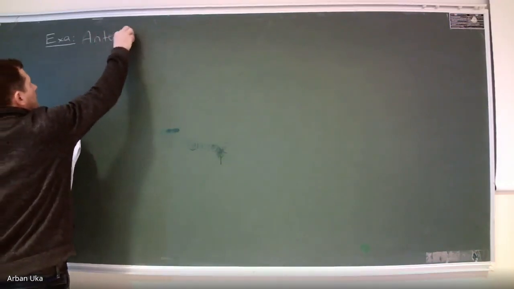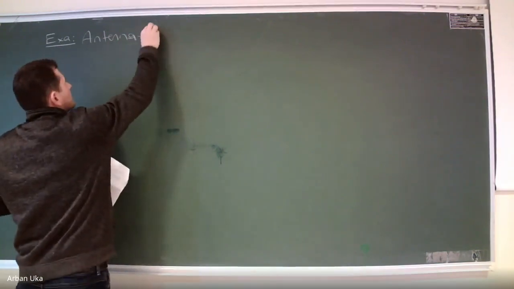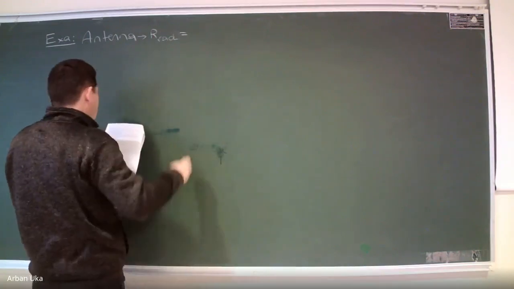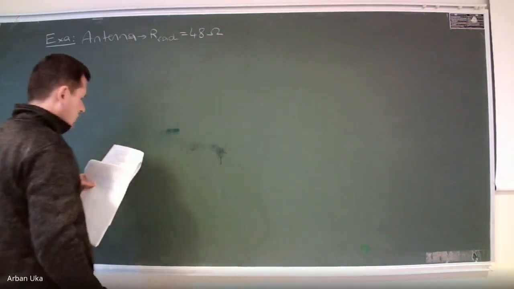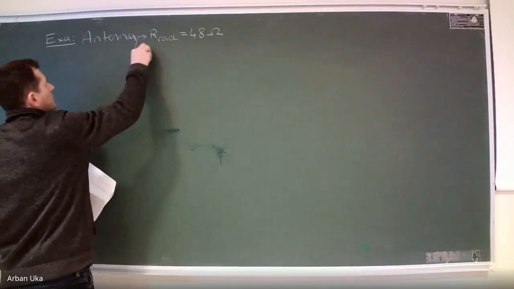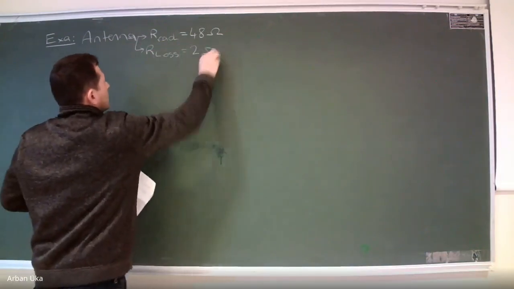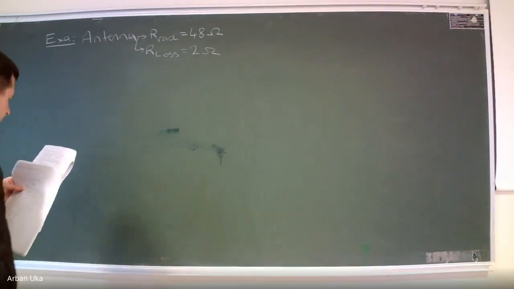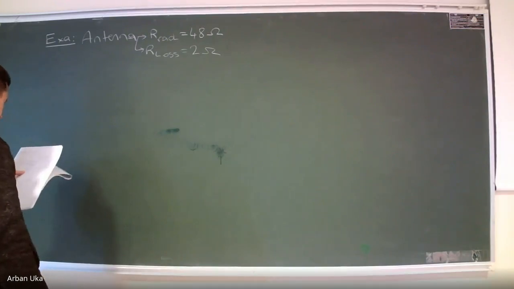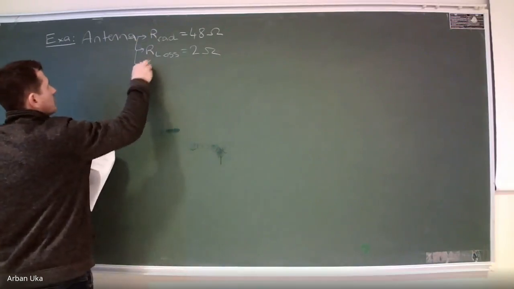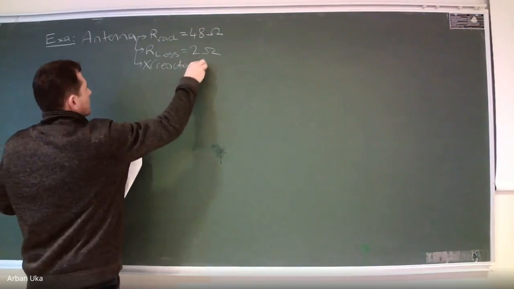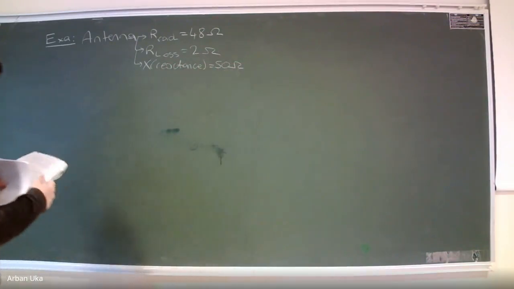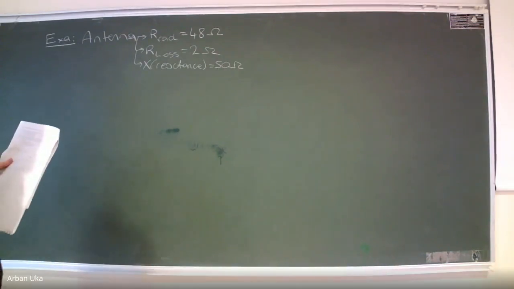Okay, let's start somewhere here. So let's assume that we have an antenna which has a radiation resistance equal to 48 ohms, a loss resistance of 2 ohms, and a reactance of 50 ohms, and this is connected with a generator.